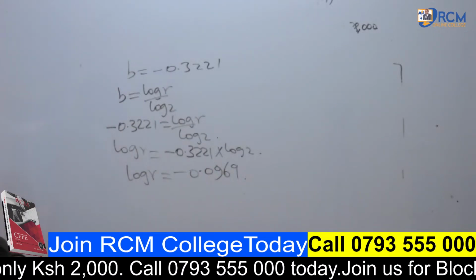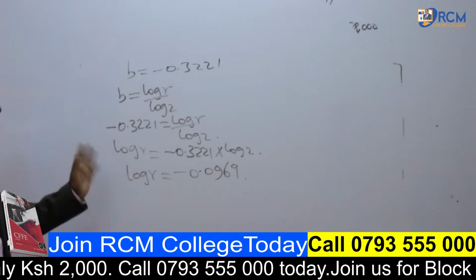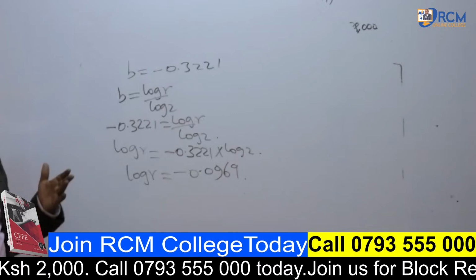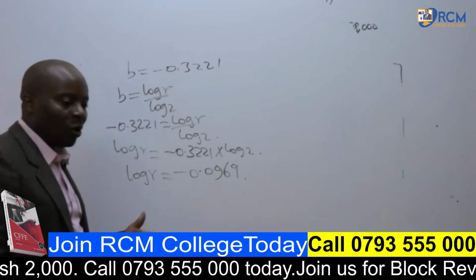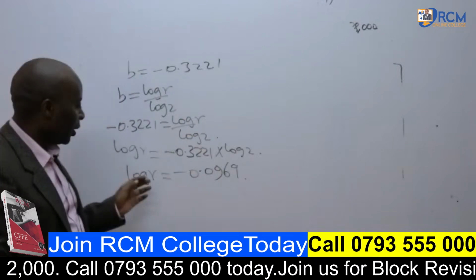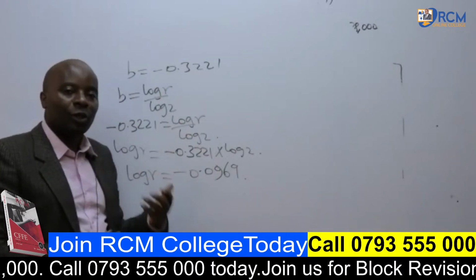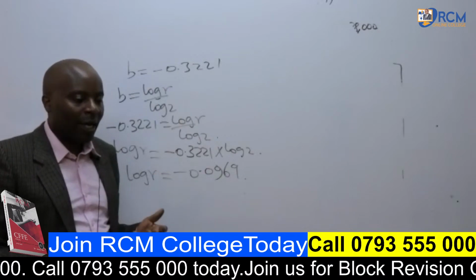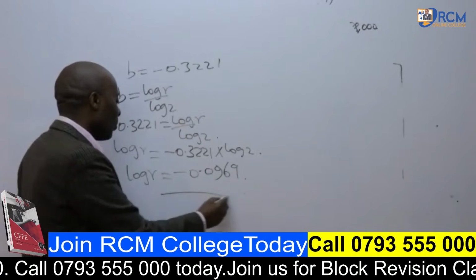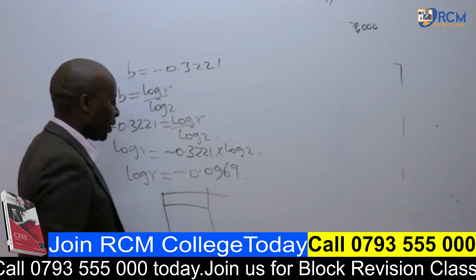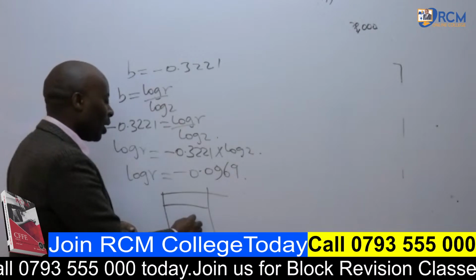Now, ladies and gentlemen, remember, we don't want log R. We want R itself. So how will we get this R? Somebody told me in our yesterday's class that to change log R to R alone, I'll need to get what we call an anti-log. So in the calculators, look for the log button.